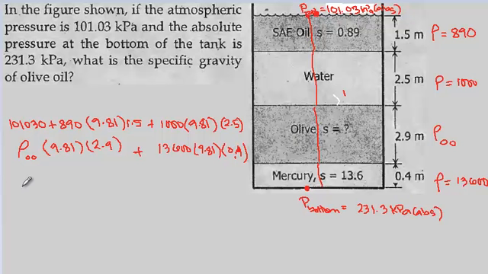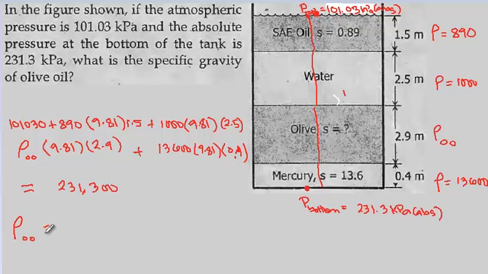That is now equal to the pressure at the bottom. As long as points are horizontally located, they will have the same pressure, so P bottom equals 231,300 pascal. From here, one equation, one unknown, you can solve for rho OO.